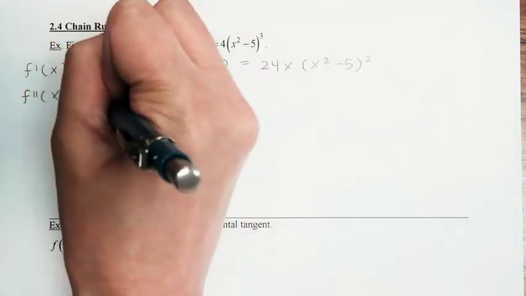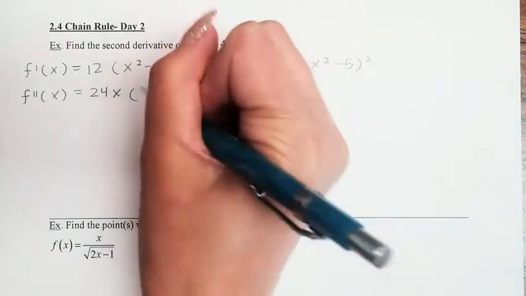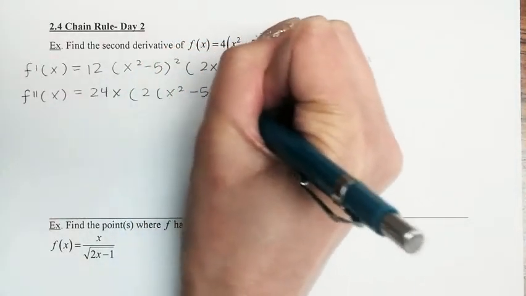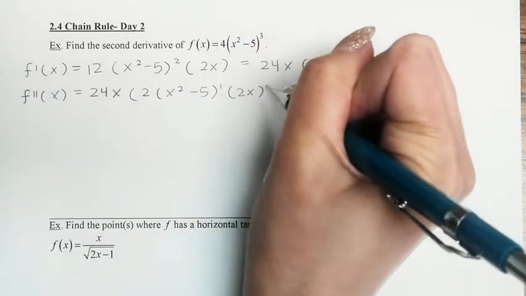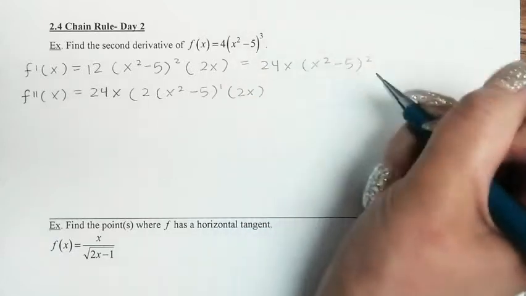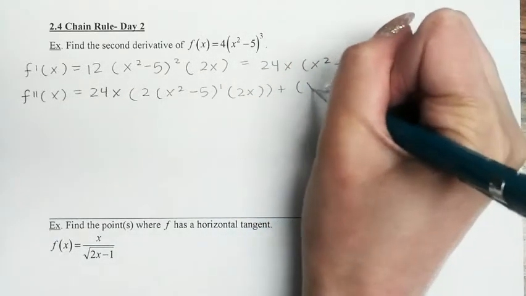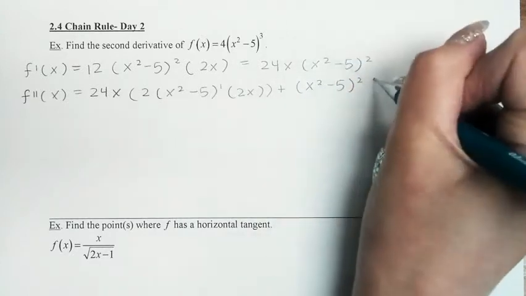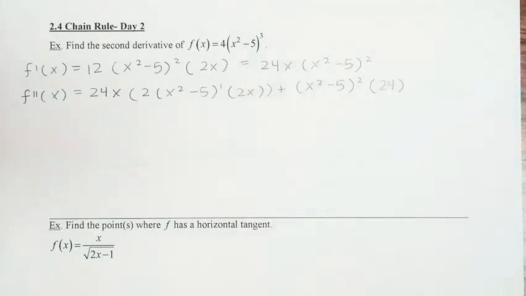So we have the first one, which is 24x, times the derivative of the second one, which is going to be 2 times (x squared minus 5) to the power of 1, times the derivative of the inside, which is 2x, since we have the power rule. Plus the other one, (x squared minus 5) squared, times the derivative of 24x, which is going to be 24. That's what we have so far.